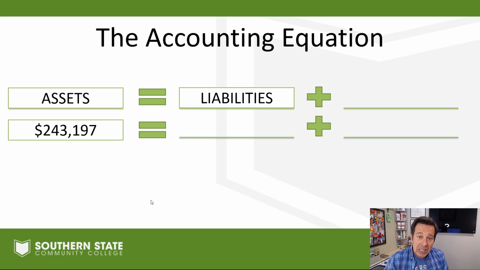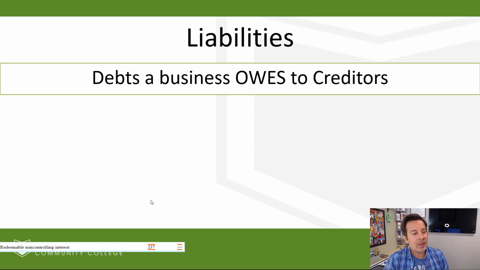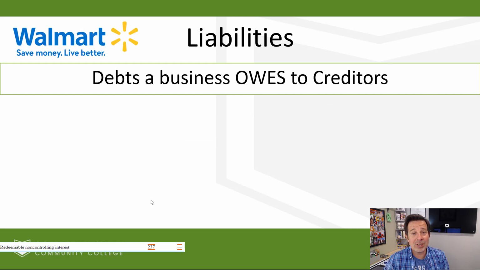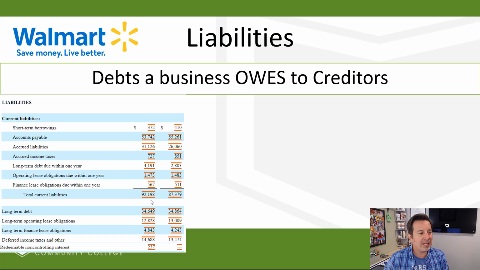First one is going to be liabilities. Liabilities are debts that a business owes to a creditor. And a liability, no different than you might have a liability for your car or your home. Exact same idea. We look at Walmart again, we look at their financial reports, we can see they report their liabilities, and they have things like borrowing, they may owe some income taxes, and long-term debt, maybe like a mortgage or a bond that they've issued.